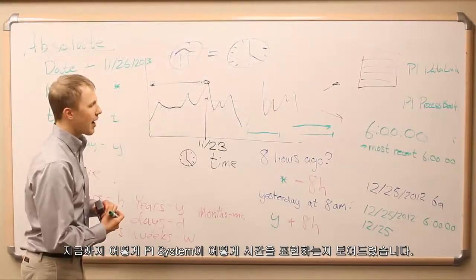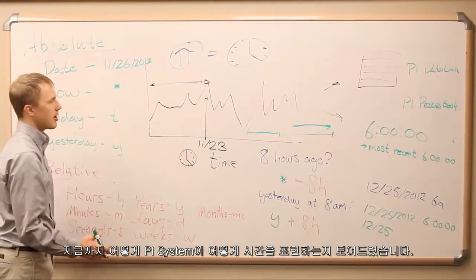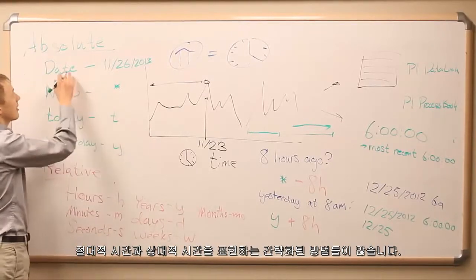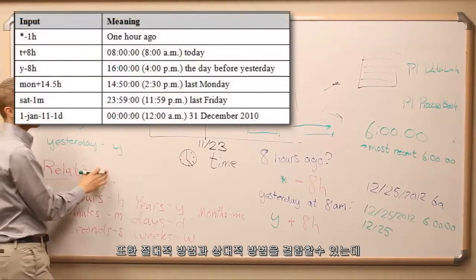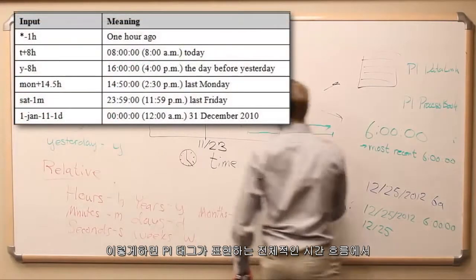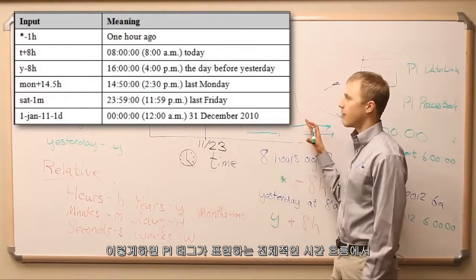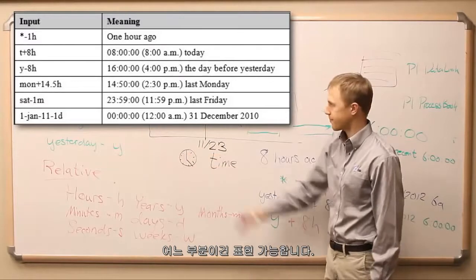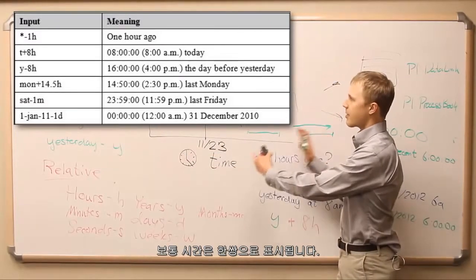Now this is an overview of how Pi interprets time. We have a number of different shorthand, an absolute and relative set, and you can combine these together to refer to times anywhere in the whole time continuum of a Pi tag, going back to when it started.